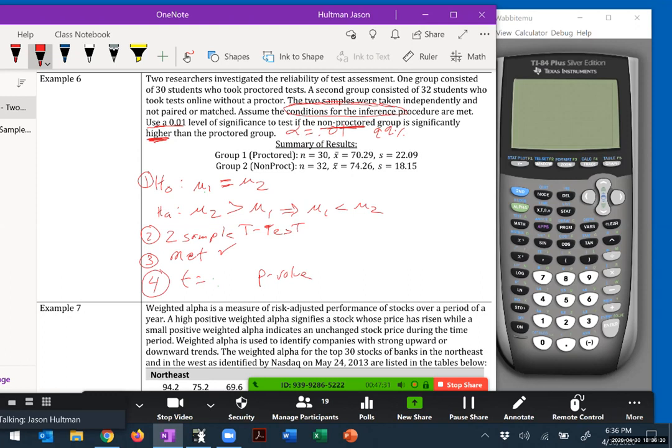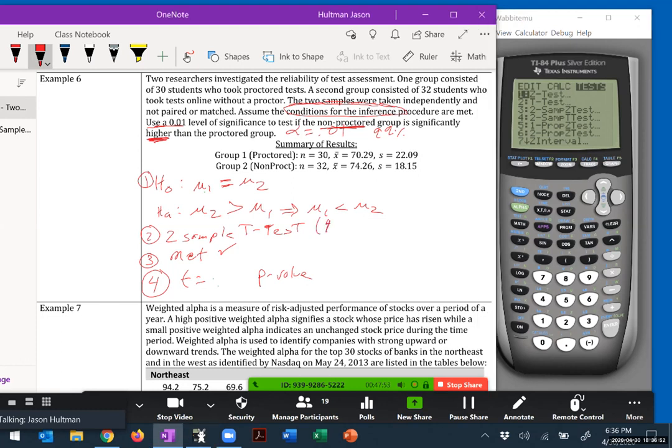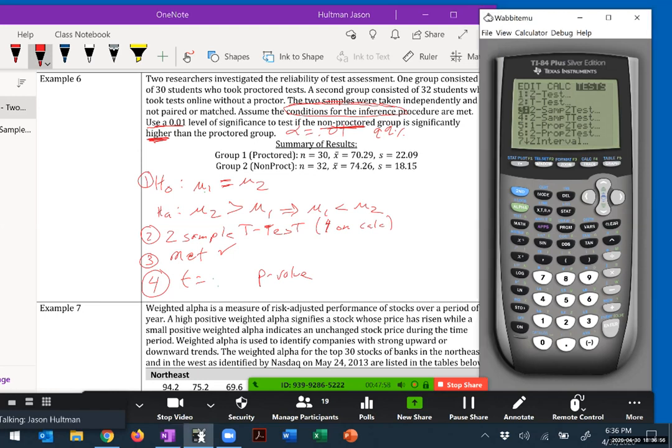So we're going to let the calculator do that because it would be a nightmare trying to do that computation by hand. We're going to go stat, and go over to test. And what do we want now? We want number 4 on the calculator, which is 2-sample t-test.